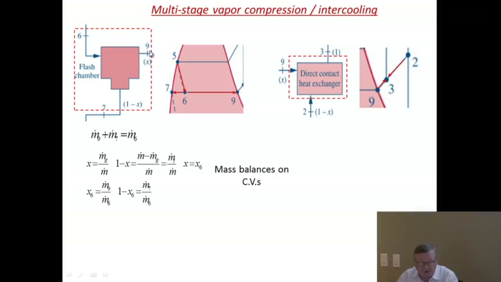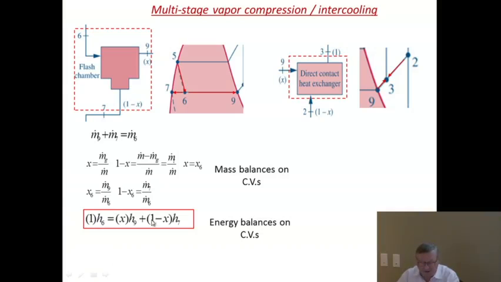M9 comes out X, it's M9 over M. And of course, X7 is 1 minus X times M. So M total minus M9 is M, it's just M7 over M dot. That's the fraction X. Basically, this fraction X, as we said before, is the quality of the steam, the quality of the mixture at section 6.